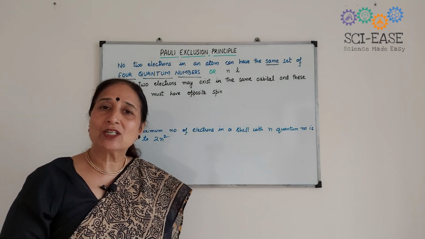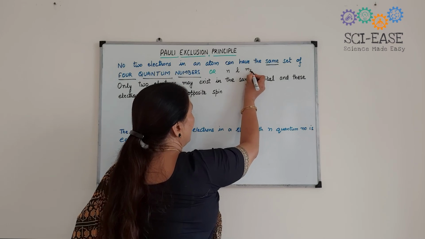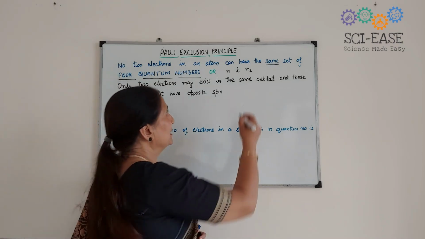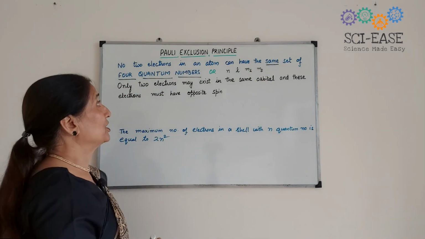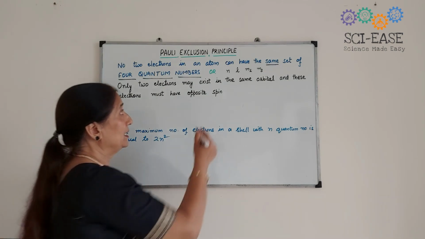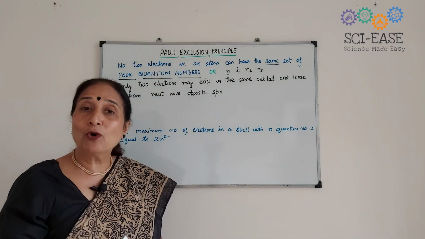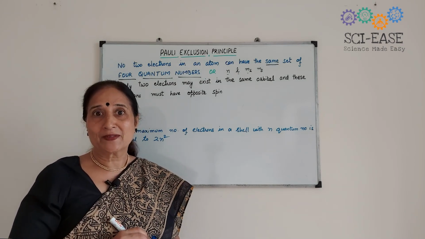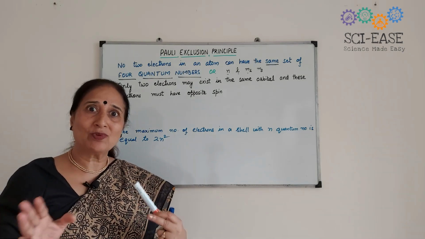Then the magnetic orbital quantum number denoted by ml, and the last one is the spin quantum number denoted by ms. So from this definition, we conclude that 3 quantum numbers may be the same, but the 4th quantum number will be different for the electrons. Here I will take one example, and things will become more clear.